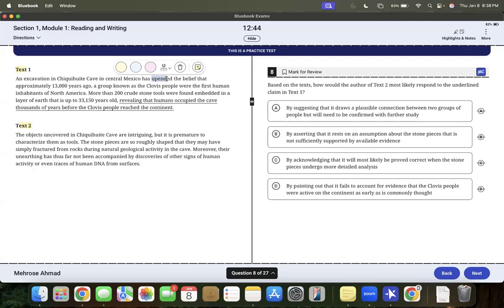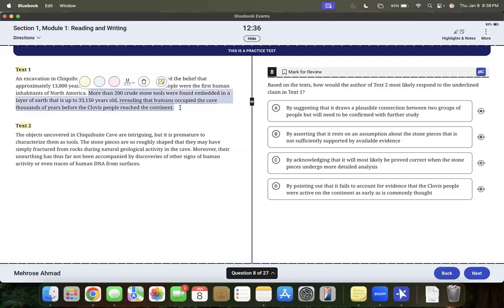Now, although I didn't know that word, what did I do? I moved on. And how did that benefit me? The second sentence made clear what the word upended means. Why? Because they say humans occupied the cave way before the Clovis people did.